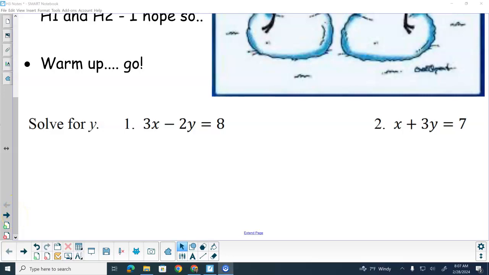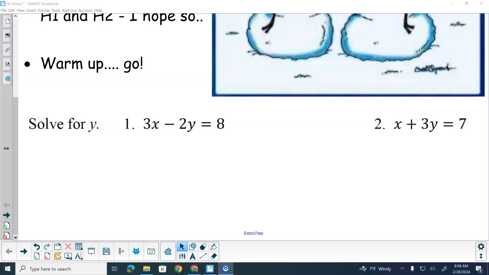What's the first thing we're going to do in number 1, if I want to solve for y? Actually, before we even do that, I'm going to change my first question for you. What do we want our answers to look like? If we want to solve for y, what's it going to look like? Remember from yesterday, we wrote it down on your note sheet.